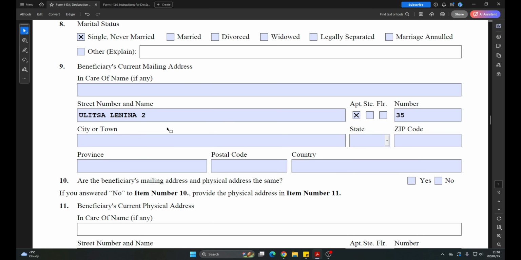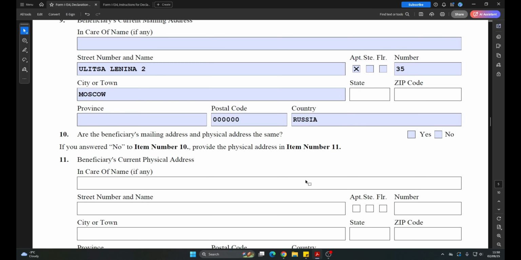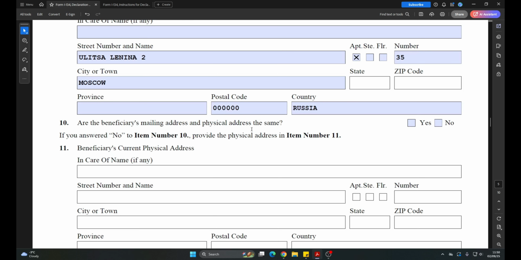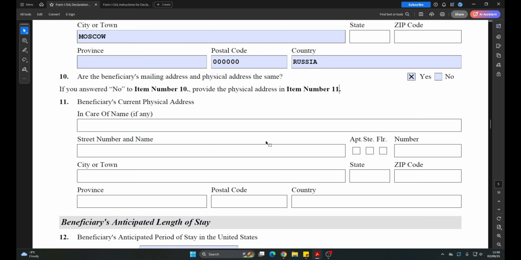Either way is acceptable. And then also provide if the mailing and the physical address of this person are the same. Like we said before, if they are, skip the next part. If they're different, provide their actual address where they live.